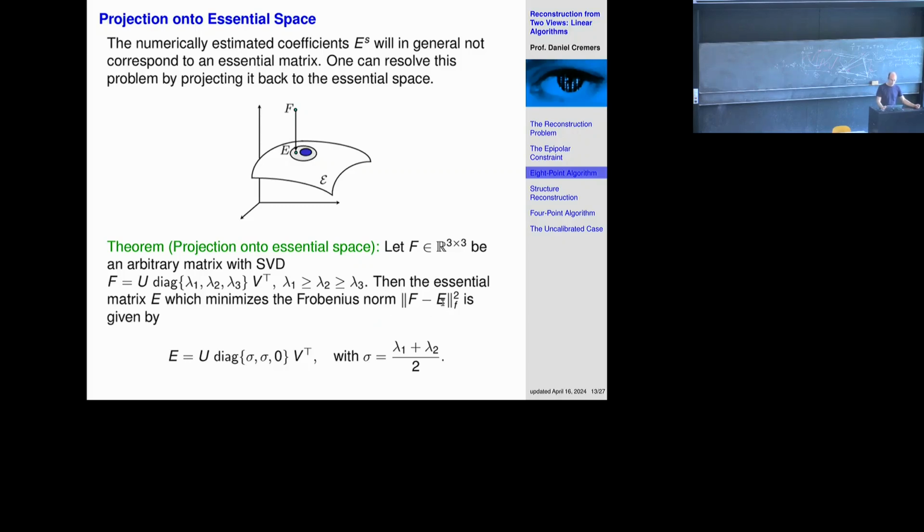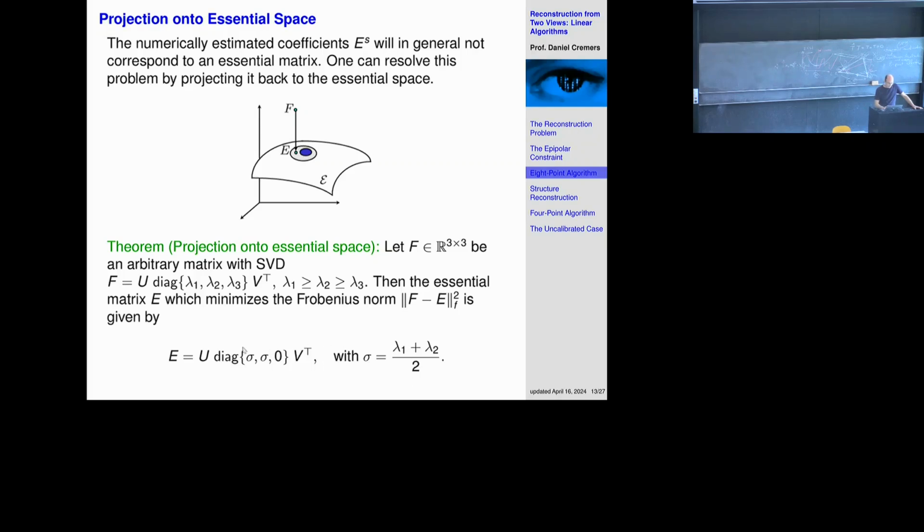Then the projection is achieved by setting lambda 3 to 0 and replacing lambda 1 and lambda 2 by the average of the two. It is not so difficult to show that if you minimize the distance in the essential space, then E has this form.